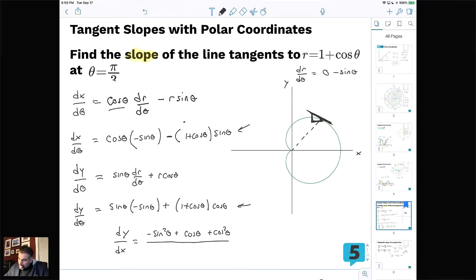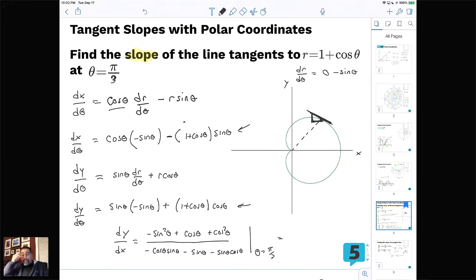So that's going to be negative cosine theta sine theta minus sine theta plus sine theta cosine theta. At this point, we were asked to find the slope when theta was equal to pi over 3. So all of this should be evaluated at theta equals pi over 3, and that would lead us to the final answer.